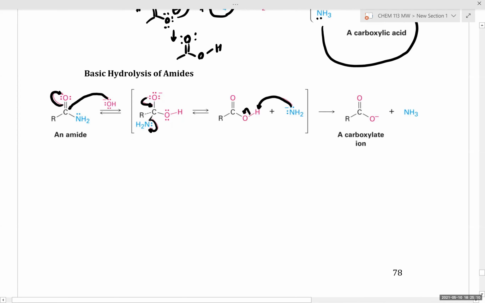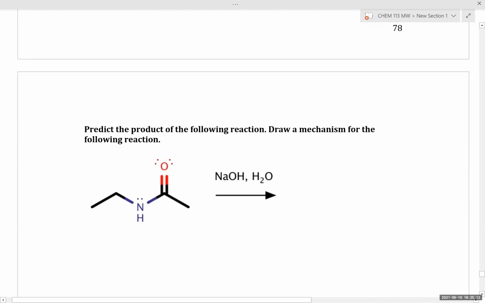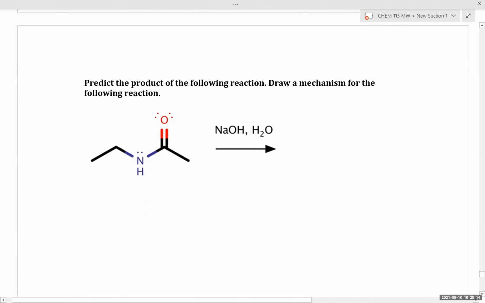Wonderful. Okay, so let's keep going and let's try to apply what we've learned to the following examples. So here I'd like us to predict the product of the following reaction and draw a mechanism for this reaction. So we have this desired amide reacting with sodium hydroxide and water.